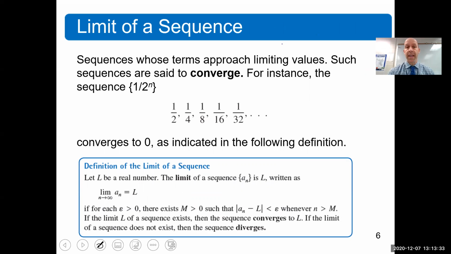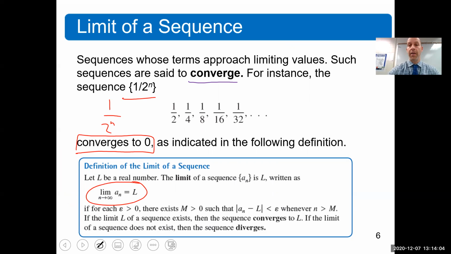Limit of a sequence. Sequences whose terms approach a limiting value are said to converge. This is a word we're going to use a lot in the coming weeks. For example, the sequence of 1 over 2 to the nth power converges to 0. In other words, if we take the limit of the nth term of the sequence and it is equal to a real number, then we say it converges.